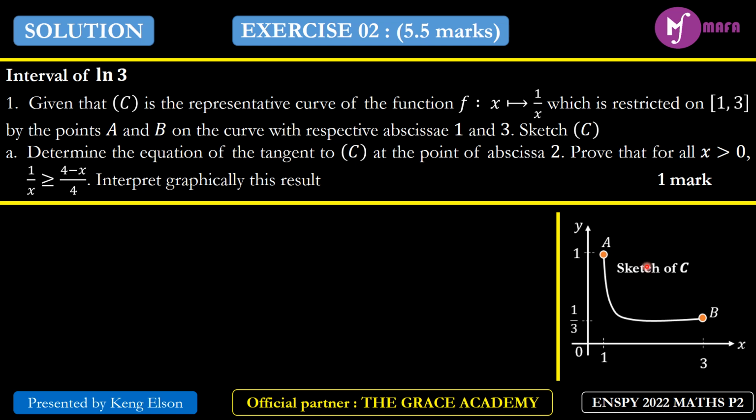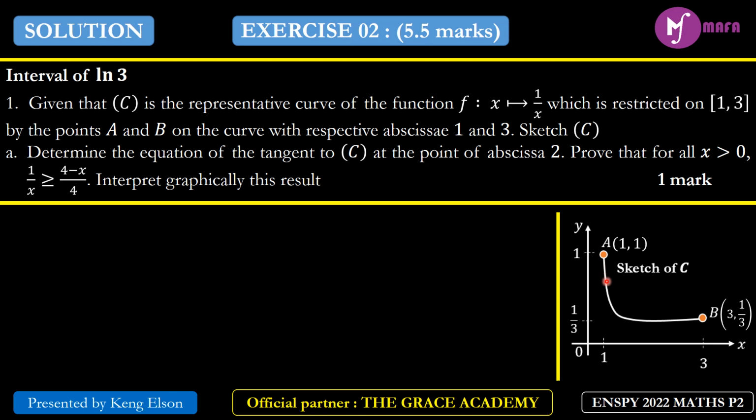Alright, so this is a sketch of the function f of x equals 1 over x restricted on the interval 1 to 3 by these 2 points A and B. The abscissa means the x coordinate. So the x coordinate of A is 1, so the y coordinate will be f of 1, which is 1. So the point A is (1, 1).